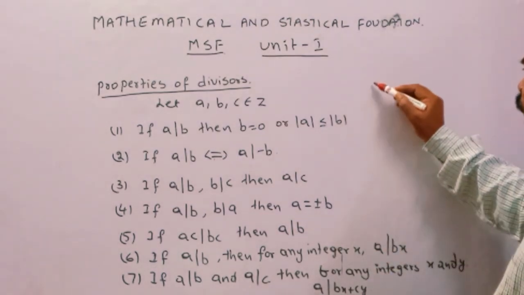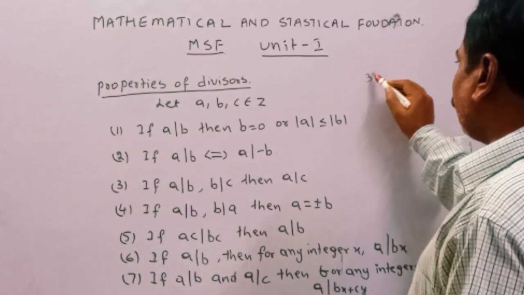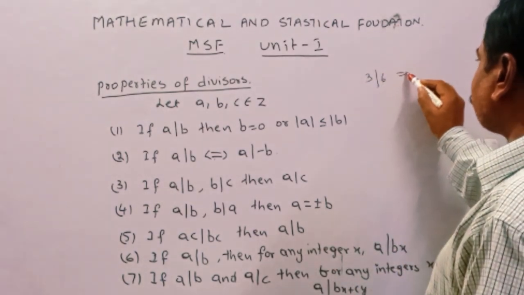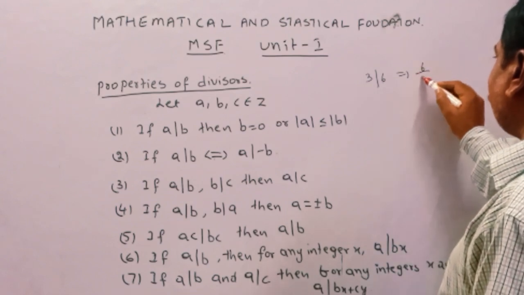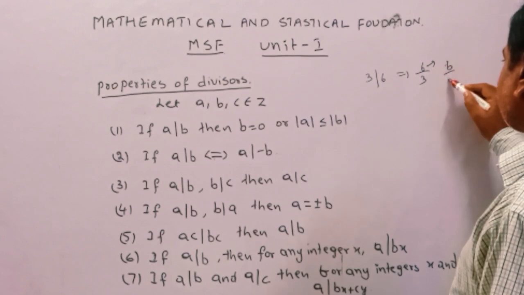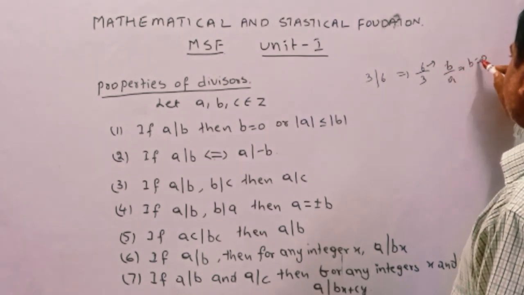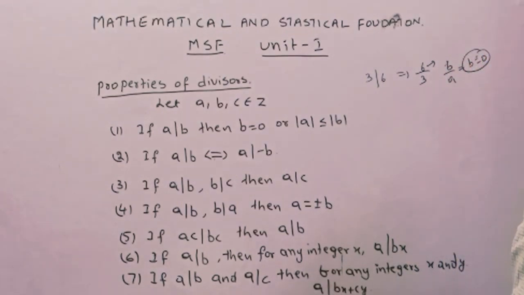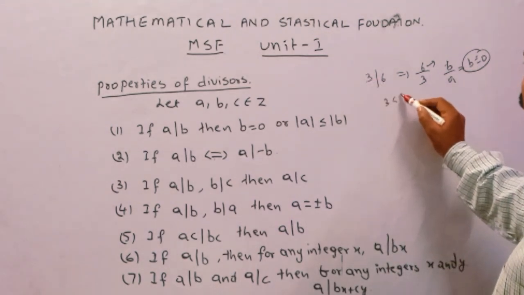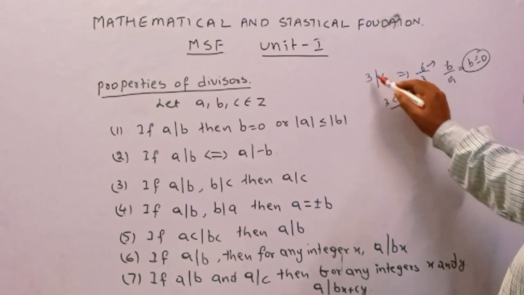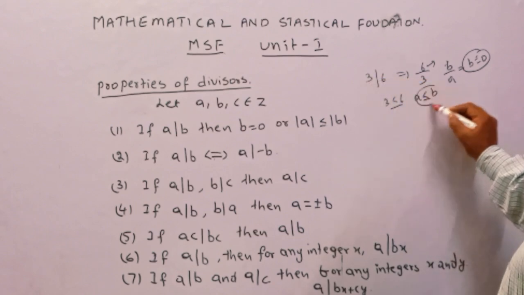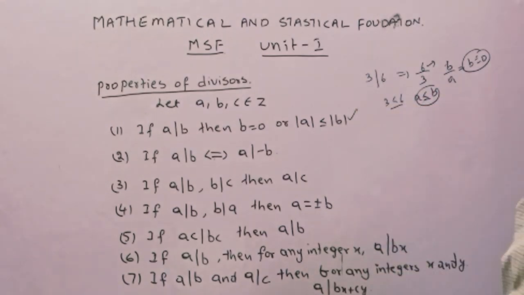For example, 3 divides 6, that is, 6 divided by 3. If b is 0, then it is true. Here 3 is less than 6, so a is less than or equal to b. This is property number 1.